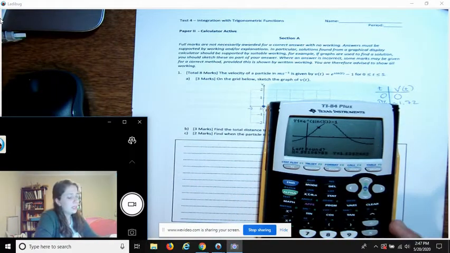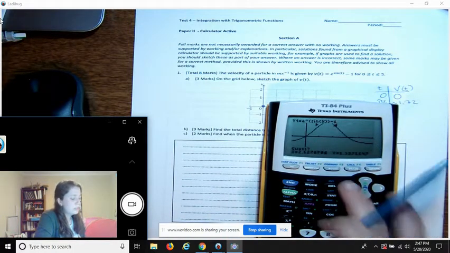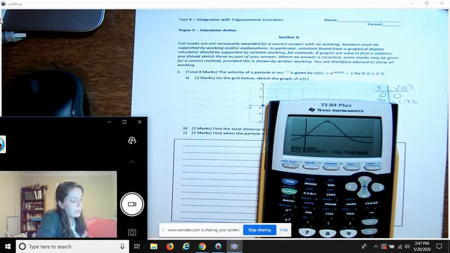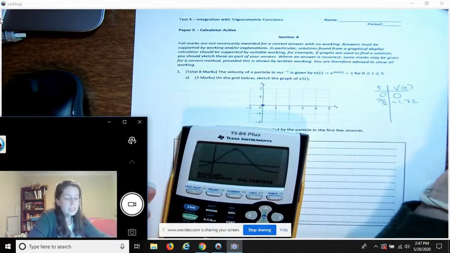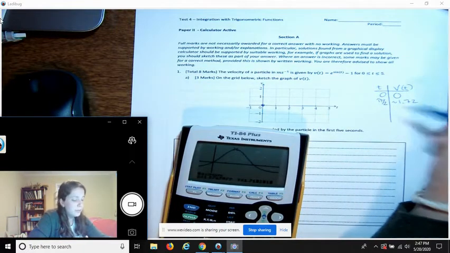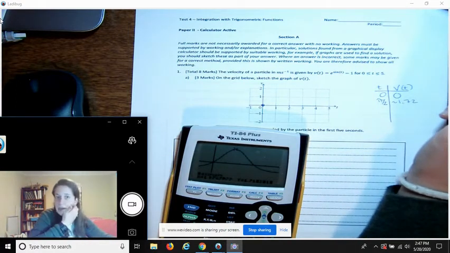So I would get a left bound, I would get a right bound, and you don't have to actually guess. And 1.57, 1.718 are the values for this. This happens to be at pi over 2, which is nice.